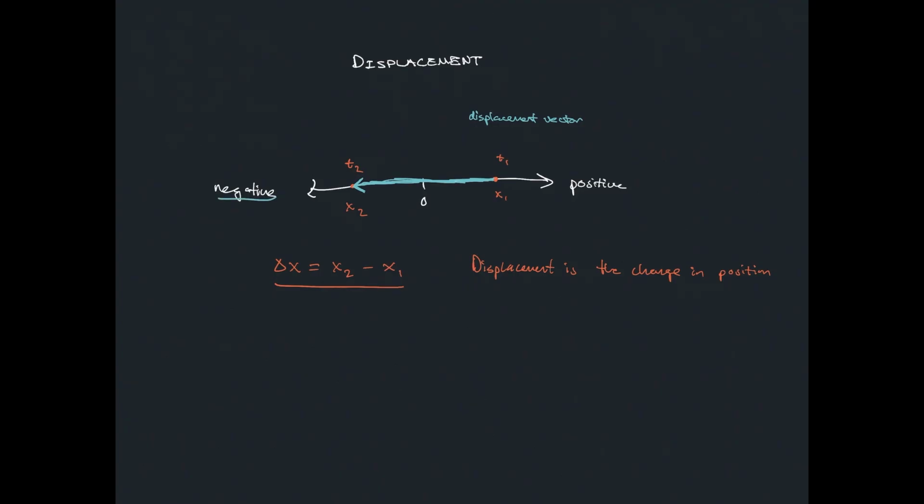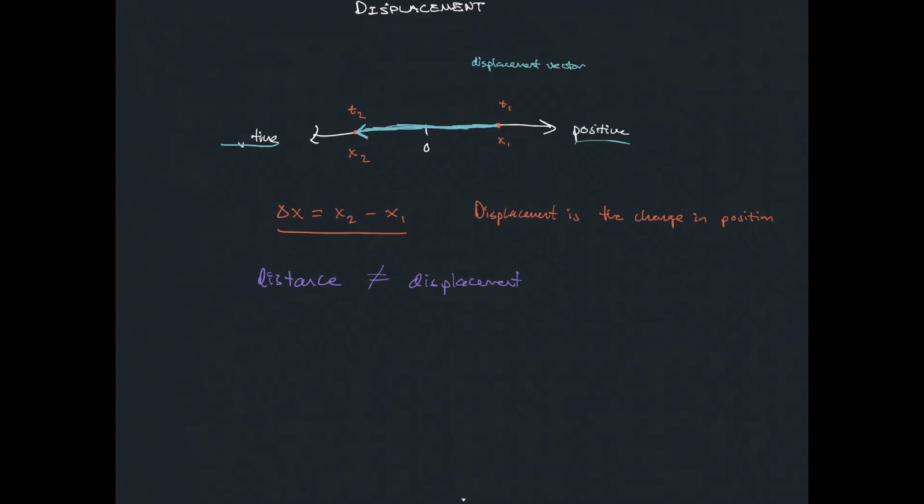Now guys, an important distinction has to be made between distance and displacement. Because imagine we're going around in a circle. Pretty nice circle, right?